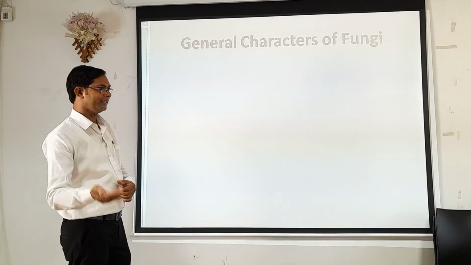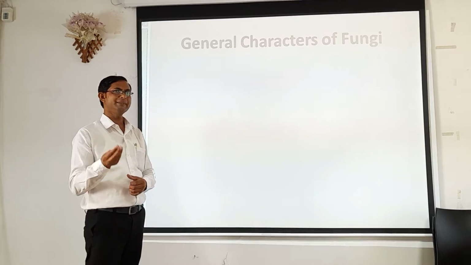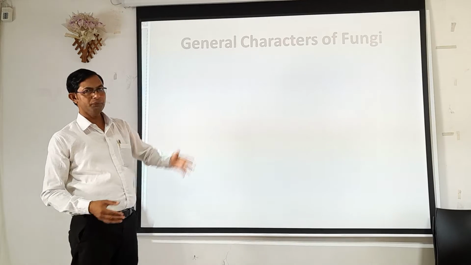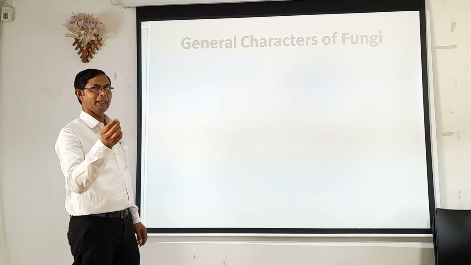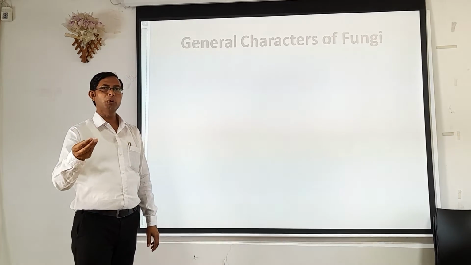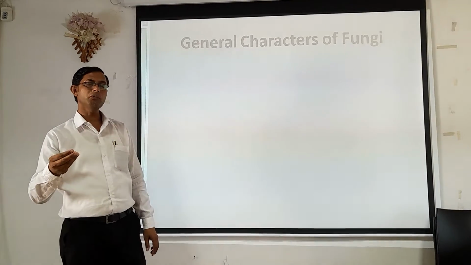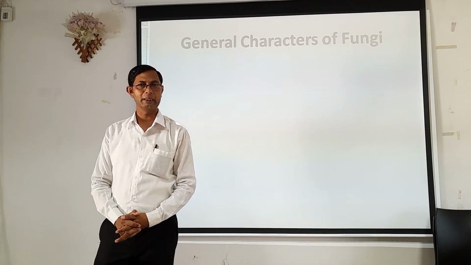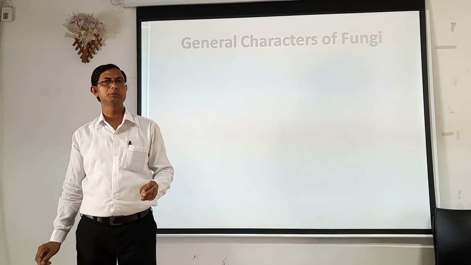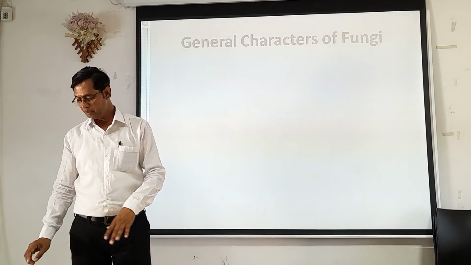Likewise Protista also has simplicity. But fungi are somewhat more complex than Monera and Protista, though not as complex as plants and animals. More complexity is observed in plants and animals.